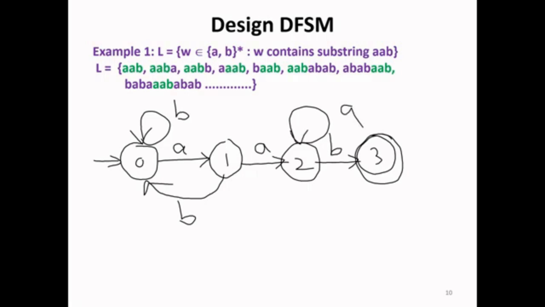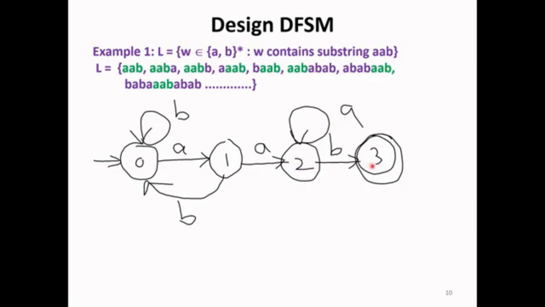If no self loop, then we have A, B. If we have a self loop, then that will be A, A, B. Ultimately, we will be having the substring A, B. So state 2 has one transition on A, one transition on B.